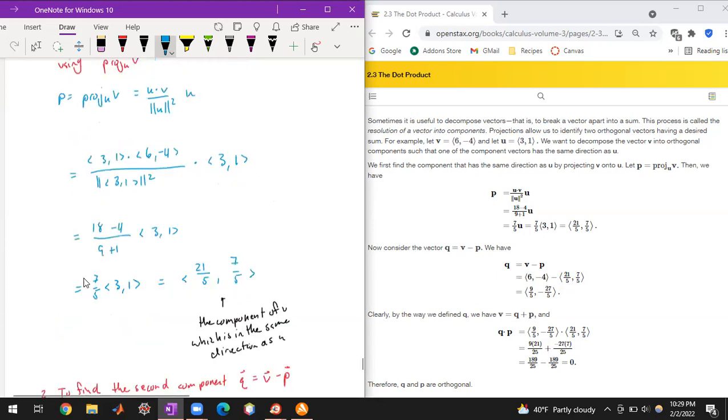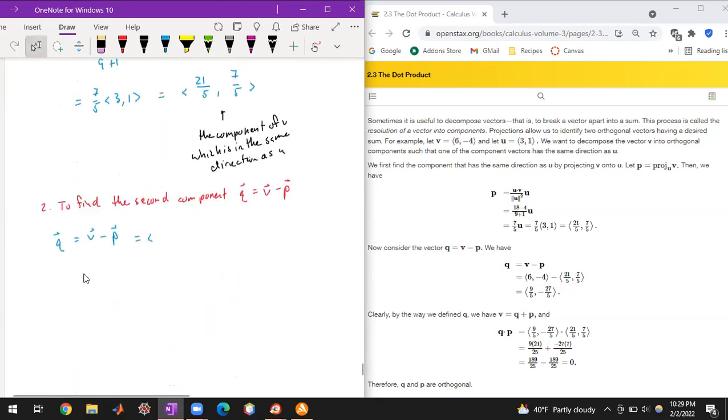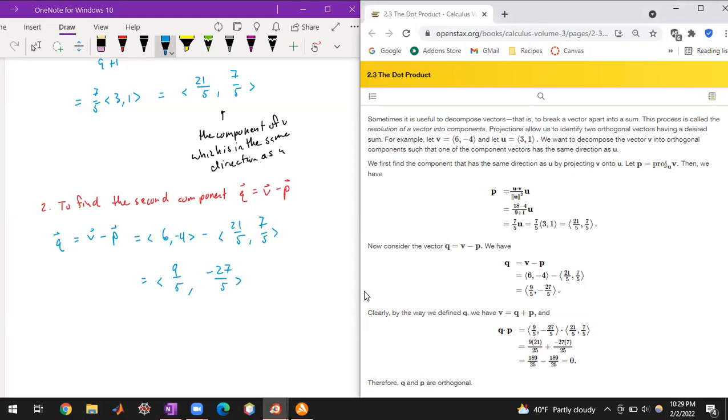Our vector v was 6, negative 4, and our vector p, we just calculated, is 21 over 5, comma 7 over 5. When we compute those differences, over 5 we get 30 minus 21, which is 9/5, and then negative 20 minus 7 is negative 27 over 5, which corresponds with what they received. So this is our second component.